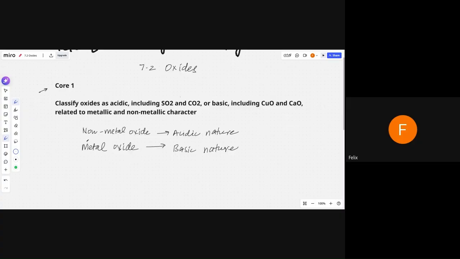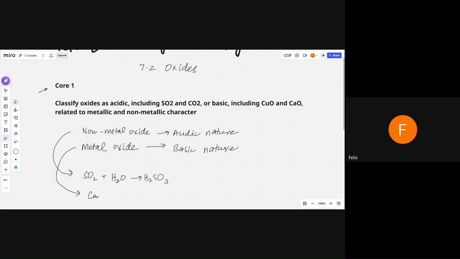For acidic oxides, the non-metal oxides, when they're dissolved in water, they change into acids. So SO2 plus H2O gives us H2SO3, which is called sulfurous acid. Now let's take a look at the example of a metal oxide.